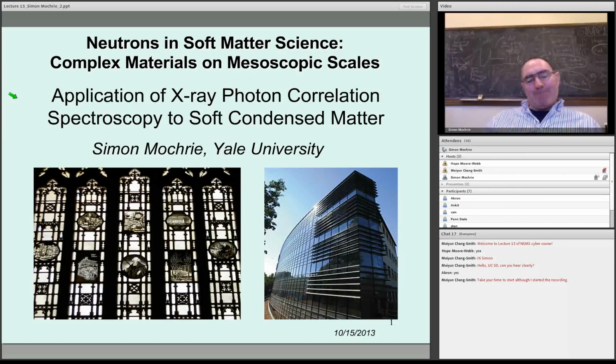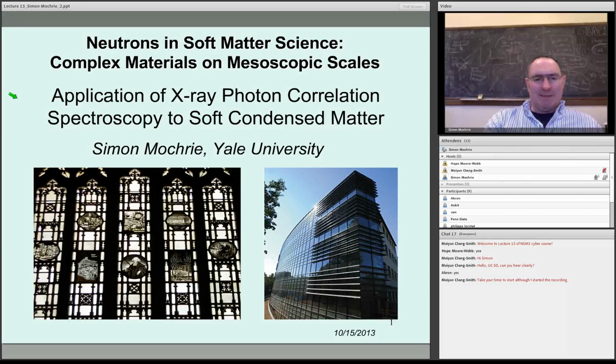So one of the examples that I'll show you concerns glasses, two different glass phases. The picture here on my slide shows two walls of glass at Yale University. One of them is an old glass.